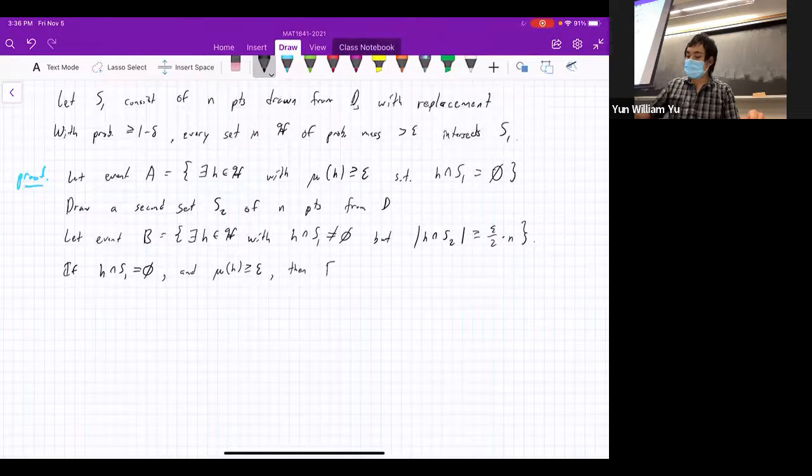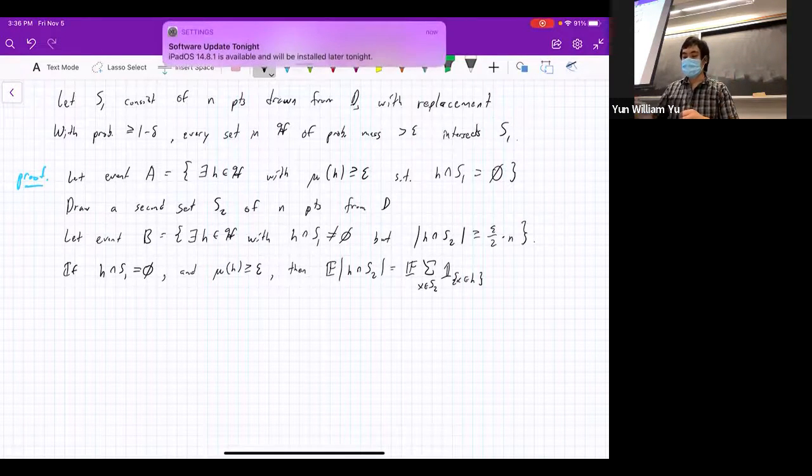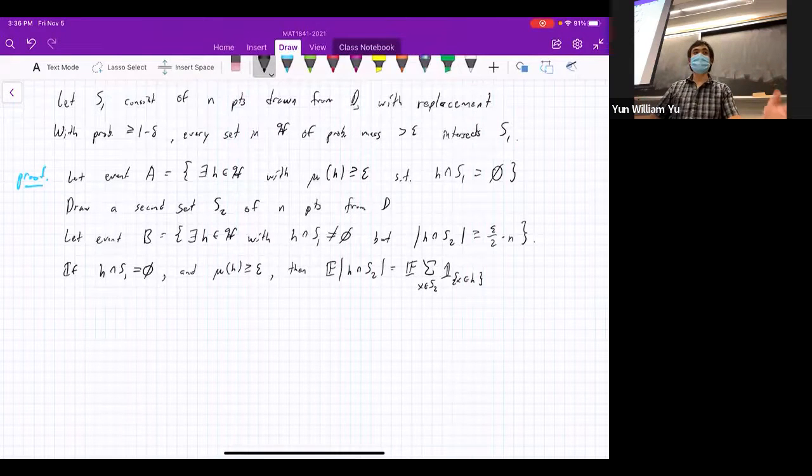then we know that the expectation of H intersect S2. So what's the size of that? Well, that is the expectation of the sum of a bunch of indicator variables, right? So for every X in S2, you're asking, is that X in H? So the expectation of that size is clearly the expectation of the sum of all these indicator functions.